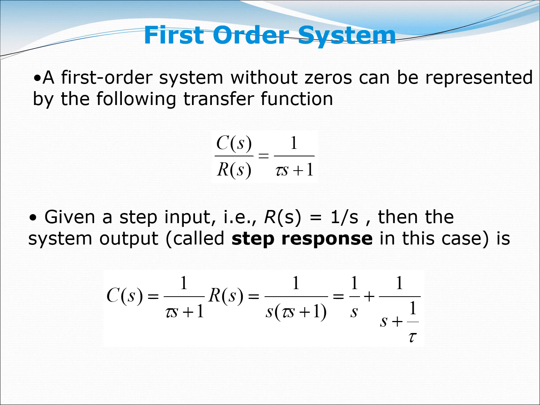And next, we give a step input R of S equals 1 over S. We can analyze the system output C of S as follows, where C of S equals this one multiplied with R of S, and we know that R of S is 1 over S, and we do the partial fraction to obtain this equation.